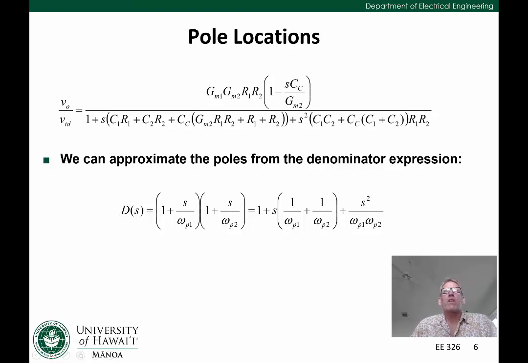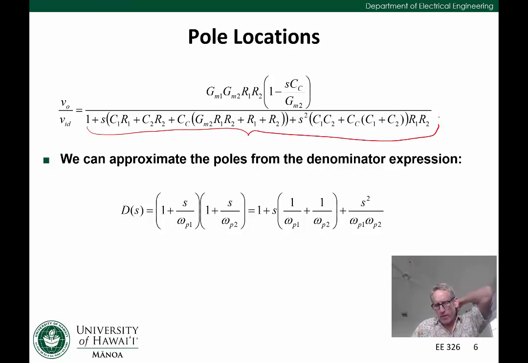So, all right, now what we need to do is try to figure out where the poles are. We have a sense of the right half plane zero, we have a sense of the DC gain. What about the poles? How are we going to do that? So first, we can say that the denominator here, D of s, is this product of two terms, 1 plus s over omega p1 times 1 plus s over omega p2. Obviously, we don't know what omega p2 and omega p1 are at this point.